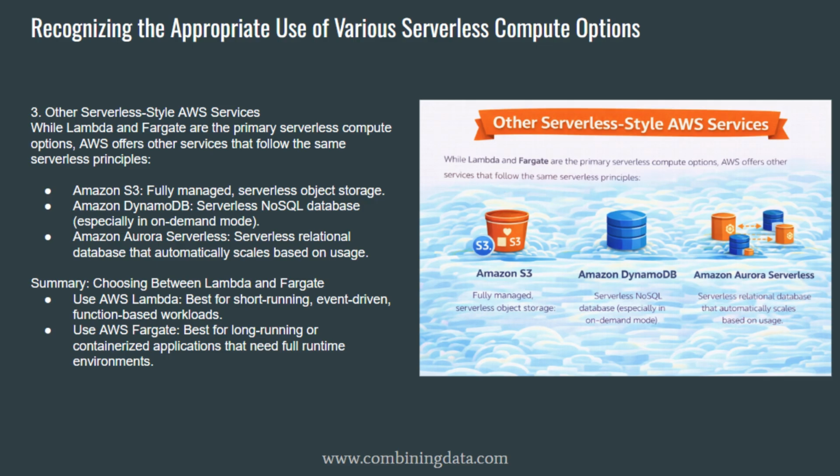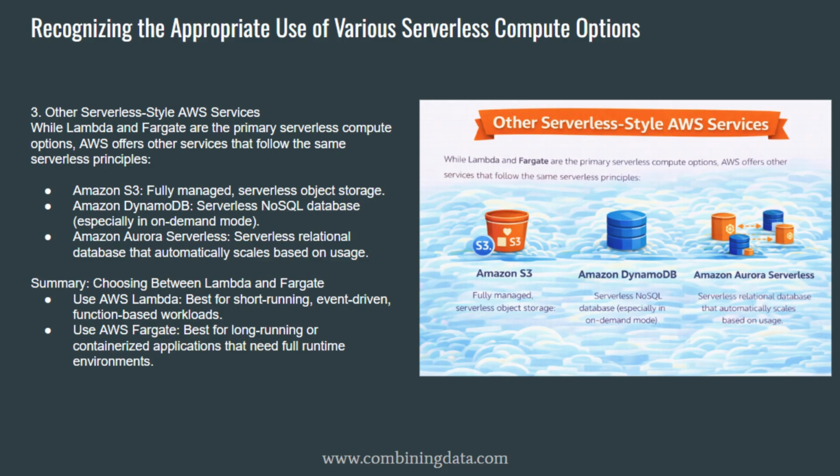3. Other serverless style AWS services, context awareness. While Lambda and Fargate are the main serverless compute services, AWS also offers other services that follow the same serverless principles. Examples include Amazon S3, serverless object storage.